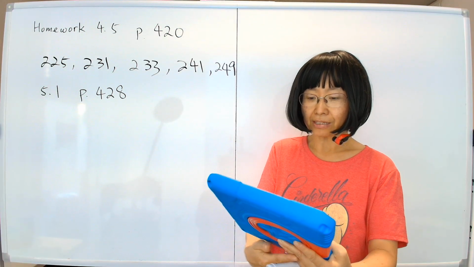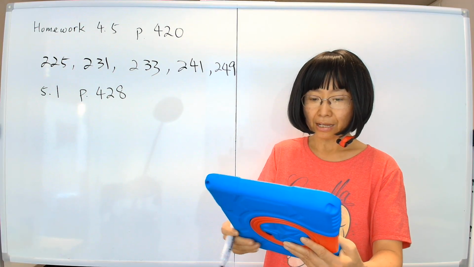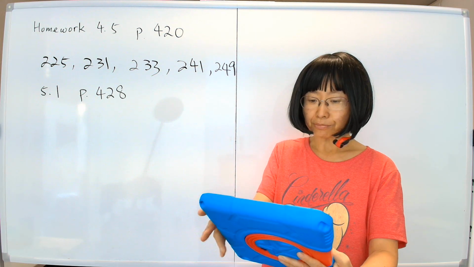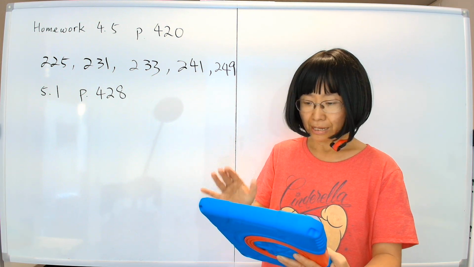Now, of the ones that have rules, there's something called a geometric sequence. Please look at the bottom of page 429. A geometric sequence is one where the ratio between consecutive terms is constant.